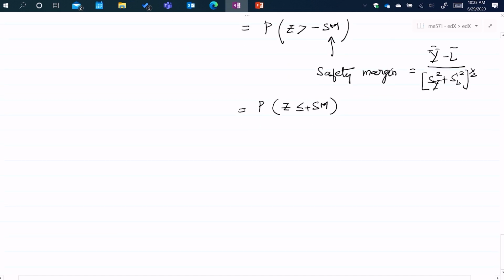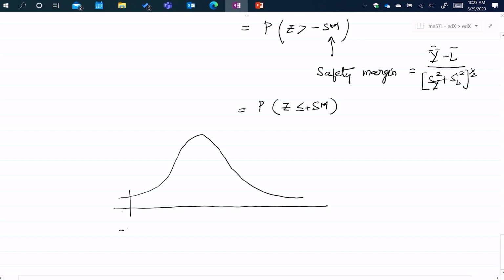How is that? Well, let's draw the standard normal distribution. So let's say this is my negative safety margin, this is my positive safety margin. So this probability is the same as this probability. This quantity is 1 minus phi of safety margin.